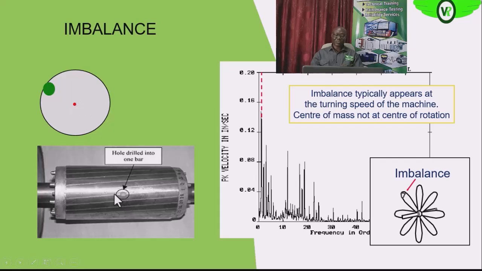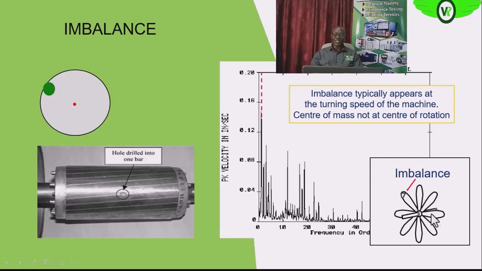That would mean that we have imbalance on the rotor, and that will definitely increase the vibration of the electric motor. So we will see the peak at 1 times RPM once you have carried out your fast Fourier transformation, that is, in its frequency spectrum.